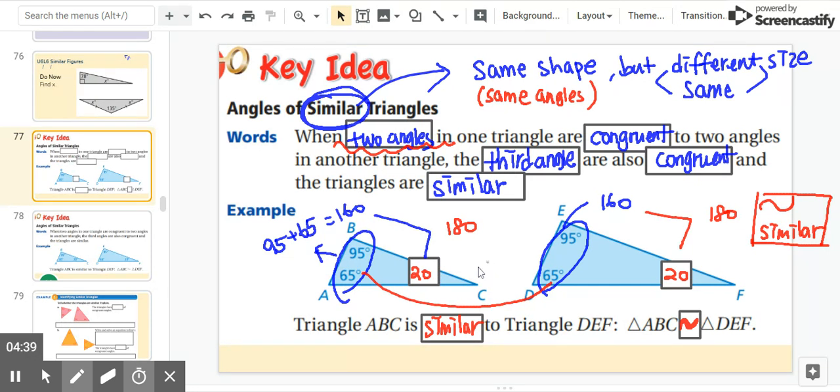If you want to double check, go ahead and find the third angle. But if you don't want to, you just check two and move on. And just make sure the similar shape definition: it's the same shape, but different size. But it can be the same.